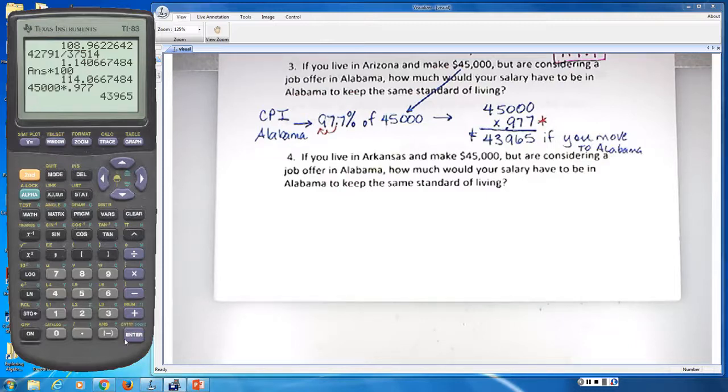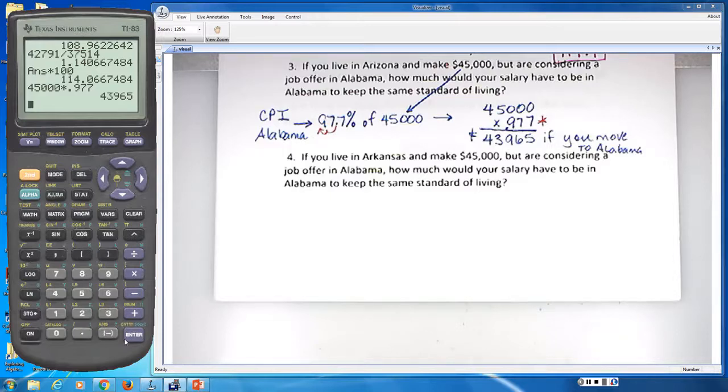Who's going to be your reference here? Arkansas. So you're going to compare Arkansas to Alabama. So where does Arkansas go in the ratio? It goes to the bottom. Okay?